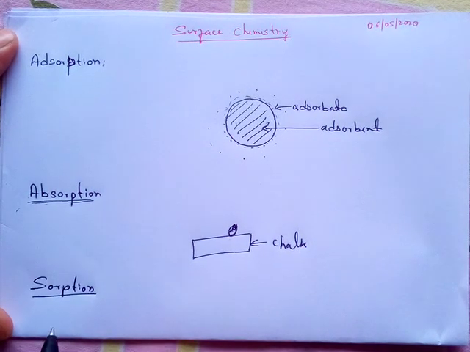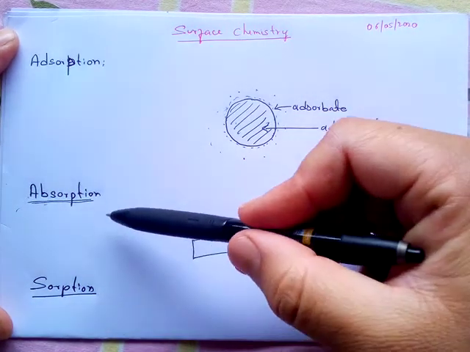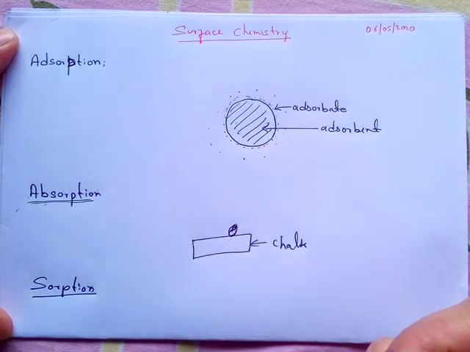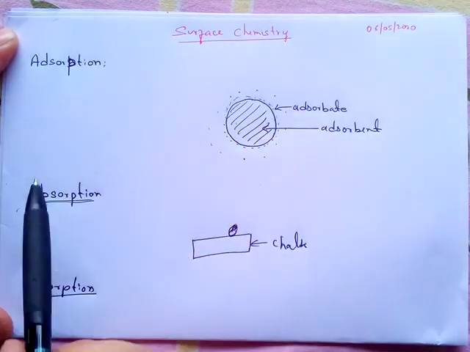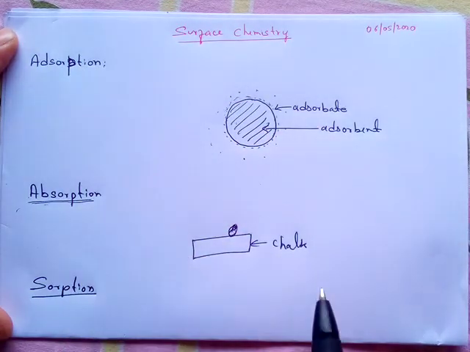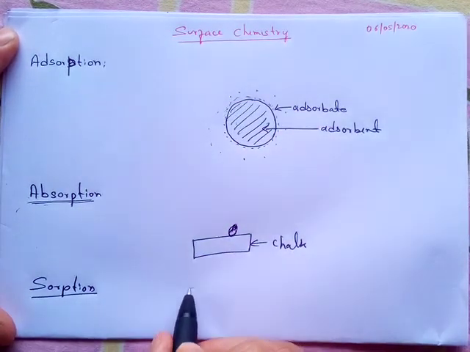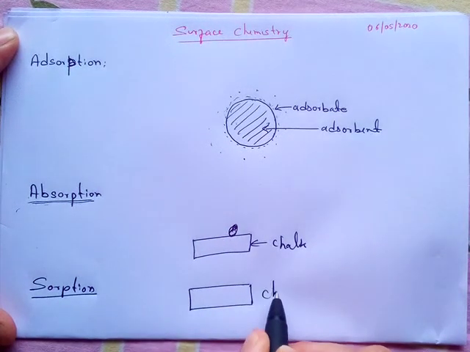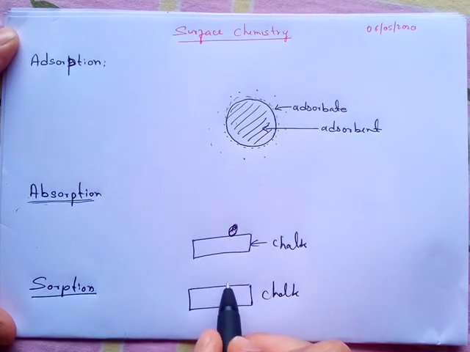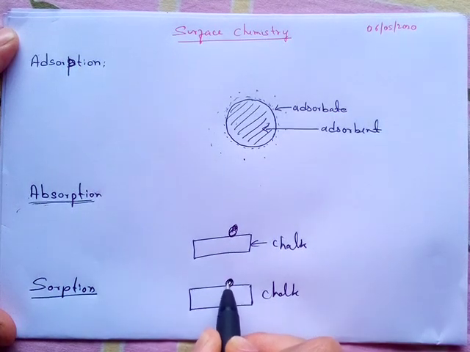There is another important term called sorption. Now sorption is the process where both absorption and adsorption take place. For example, we can take again a chalk and place a few drops of ink, suppose blue color ink.